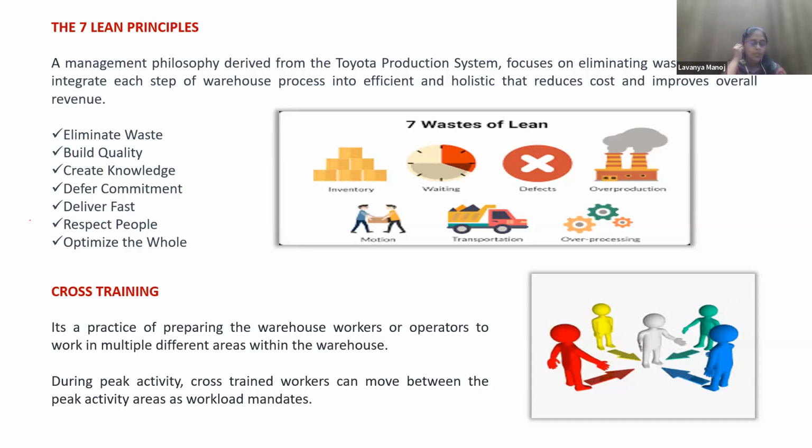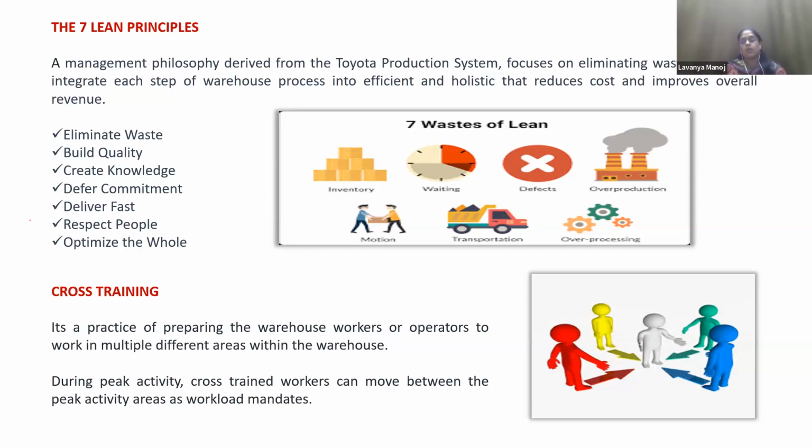Knowledge creation is not only that the top management should be knowledgeable about the product and other things, even the lower level employee of the company should also have knowledge about what is happening around him or her. Defer commitment, so disperse the commitment to everyone, and each and every person in the company should be committed to the company or to the work process.